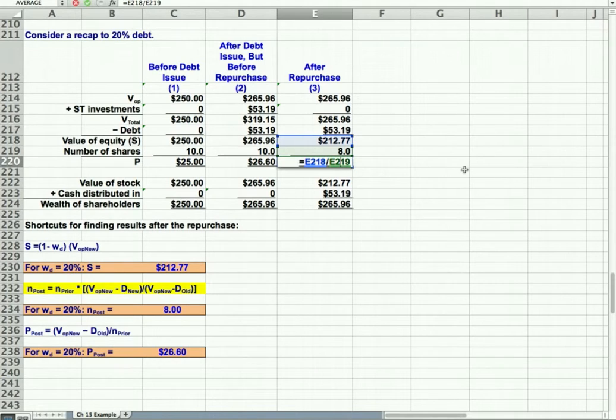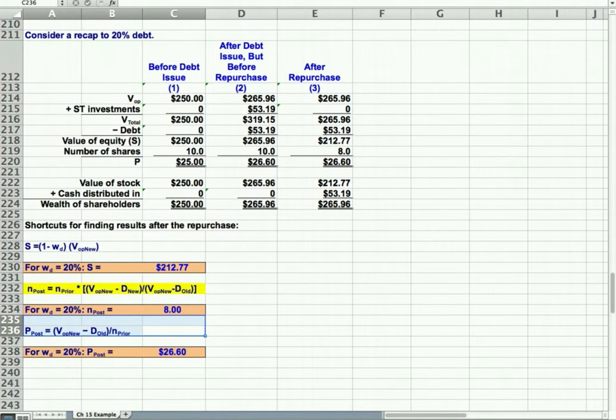So the price per share, we just divide the value of stock, the 212, you calculate it there. The value of the debt, we can either just use that or we can use this formula. So value of operations new minus the old debt divided by the old number of shares.